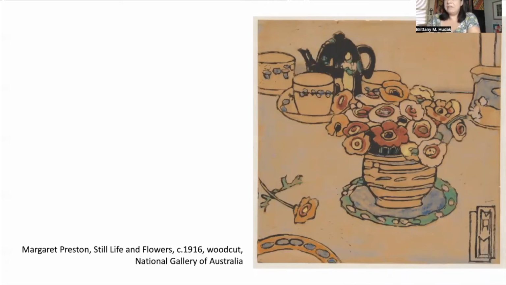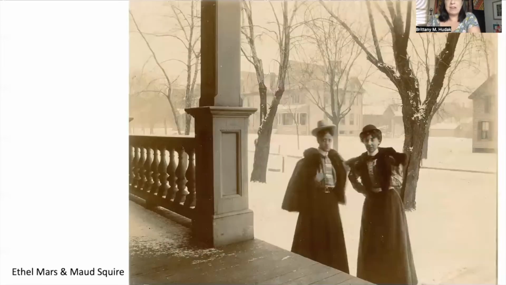While in Paris, links to Japanese printmaking techniques may also have come through her personal associations. English-speaking students in Paris tended to maintain close and supportive relationships. It was around this time that she met Ethel Mars, the noted Provincetown woodcut artist that I featured in my last lecture. Here is Ethel and her partner, Maud Squire.